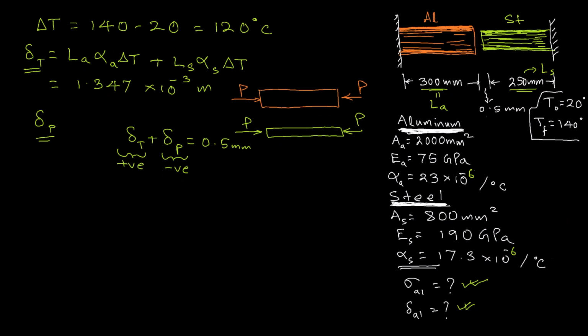Then how to get delta P now? Delta P is nothing but P times L aluminum over E aluminum A aluminum, plus P times L steel over E steel A steel. Okay, if you substitute all these values, all these things are with a negative value because these are compression.